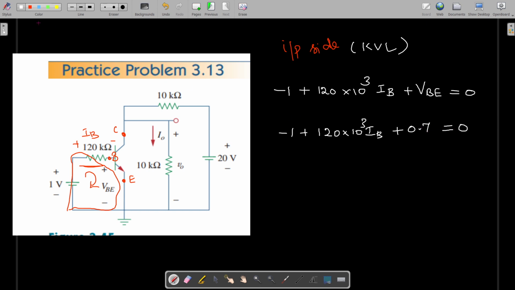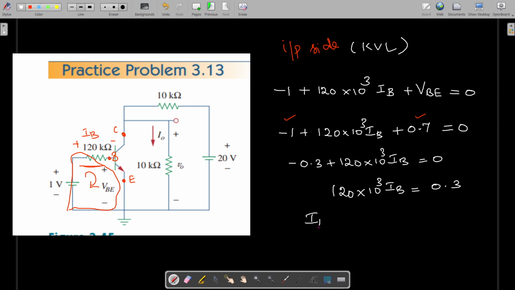When you add these two, -1 and 0.7, we get -0.3. So -0.3 plus 120 into 10 power 3 IB is equal to 0. So 120 into 10 power 3 IB is equal to 0.3.